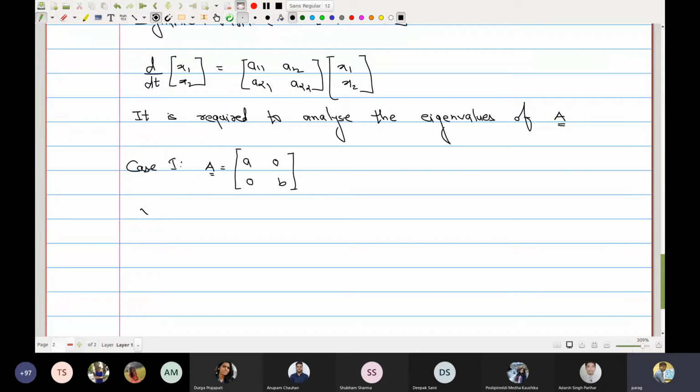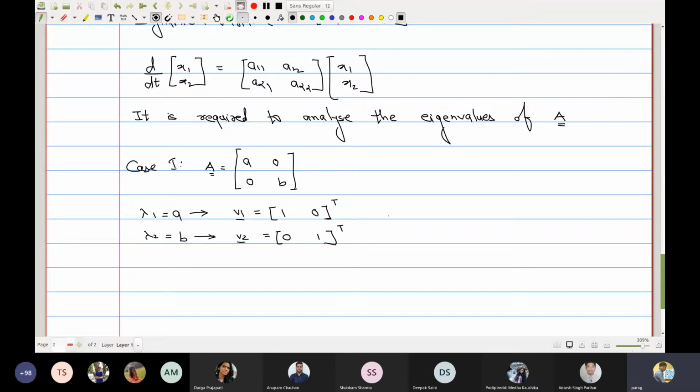I have lambda 1 equal to a, and lambda 2 equal to b. These are the two eigenvalues of the system. And what are the corresponding eigenvectors? Well, I'm writing the eigenvectors directly. I expect you to know how to determine eigenvectors. It's very trivial, and especially in this case, the eigenvectors would be v1 equals 1 0 and v2 equals 0 1.